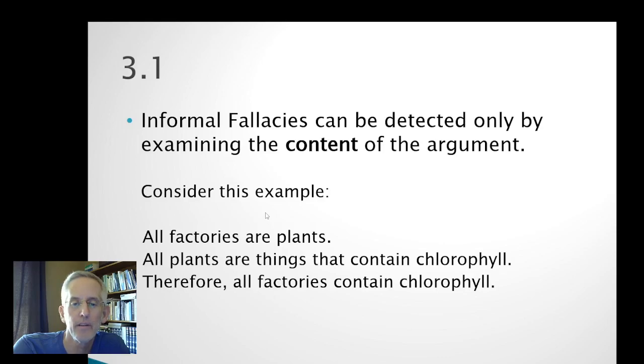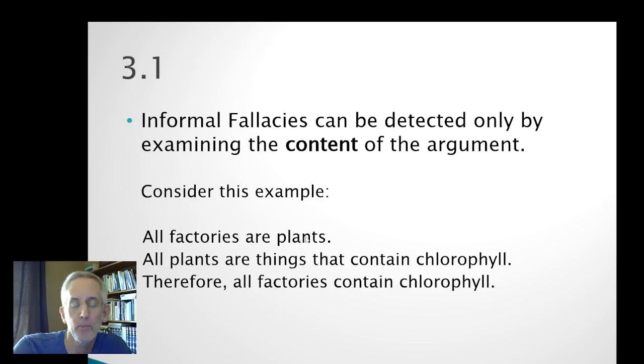But on closer inspection, there's something weird going on. And that's where we have to employ this idea of understanding the content of the argument. In the first premise, we say all factories are plants. In the second premise, we say all plants are things that contain chlorophyll. But clearly what's going on here is we're using the word plants in 2 different ways.